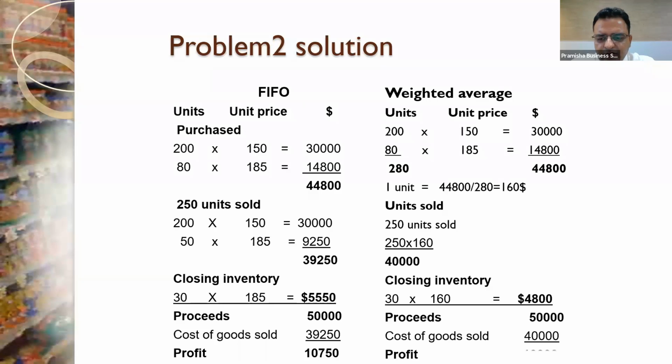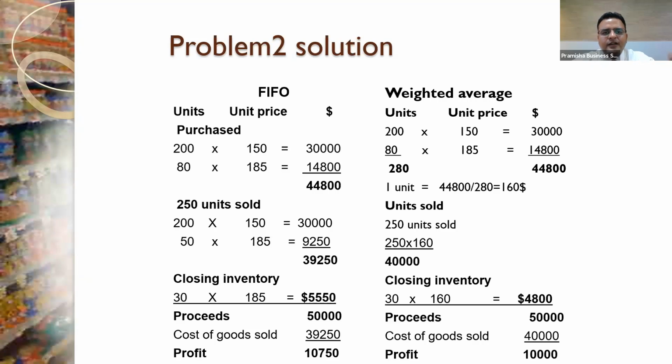Proceeds are 50,000, and then cost of goods sold. So there's a difference of 750. This is simply because of the difference in method in the valuation of closing stock. The difference between 160 and 185 is 25, and 25 into 30 units gives a 750 difference in profitability, because 750 has been reduced from the closing stock in the cost of goods sold.